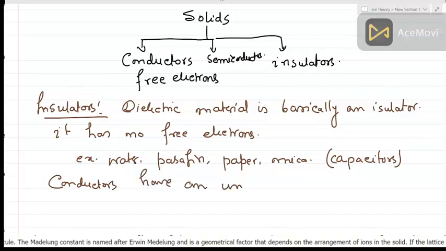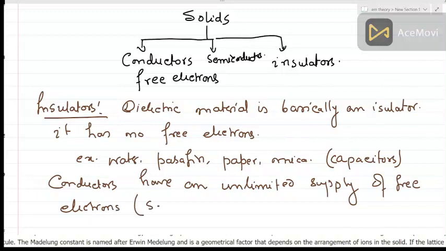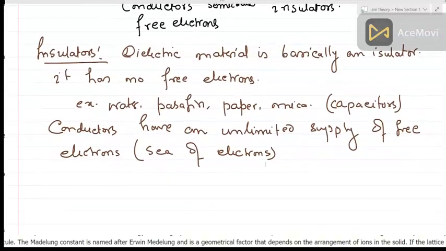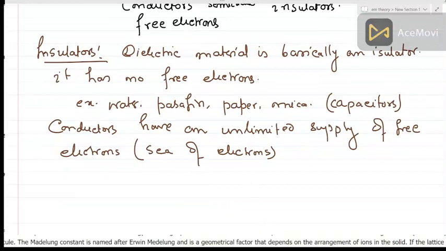So conductors, we know, have an unlimited supply of free electrons that conduct current, or sometimes it is said that there is a sea of electrons, a huge number of free electrons that conduct current when the conductor is subjected to an external electric field.